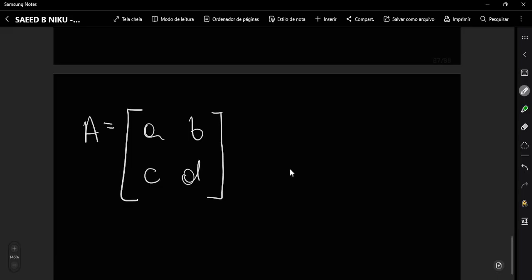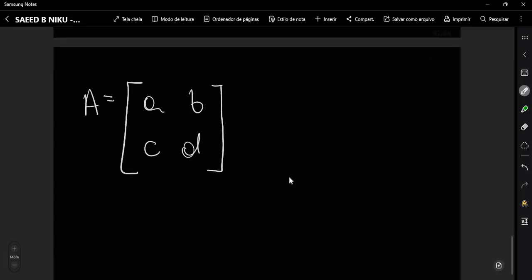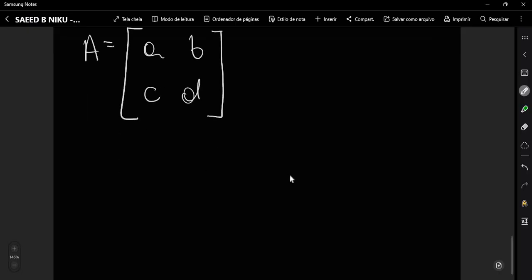To calculate the inverse in this particular case, and I say particular because for matrices of order 3 by 3 or larger it is different, we have to follow these steps. First, swap the A and D positions.